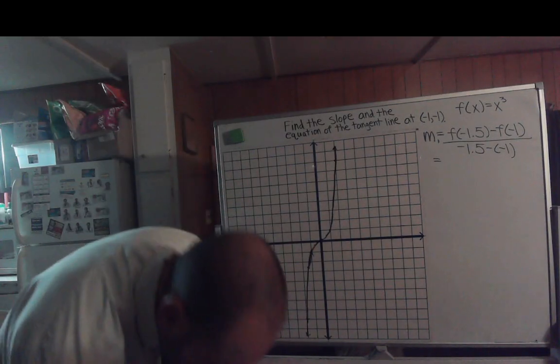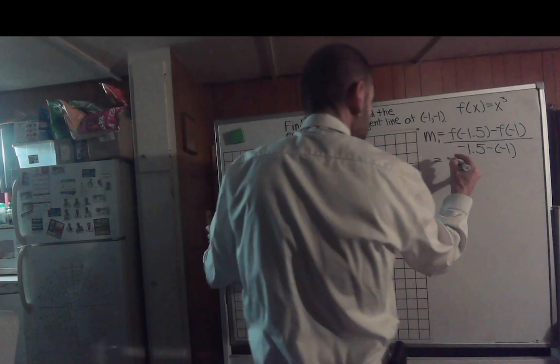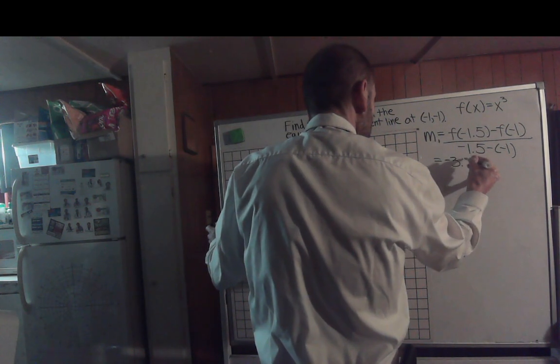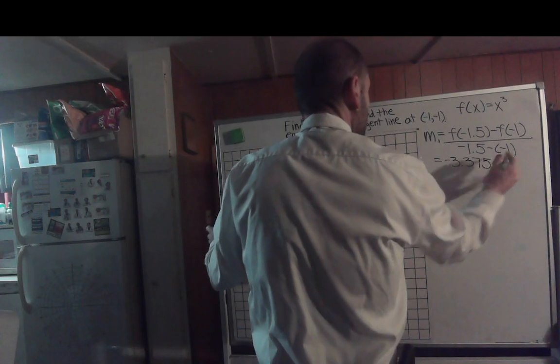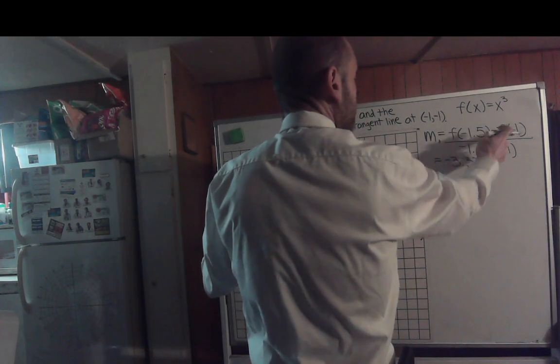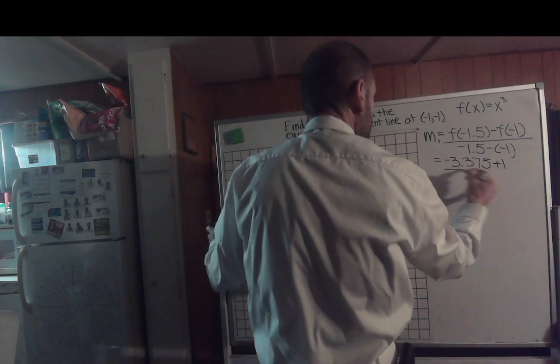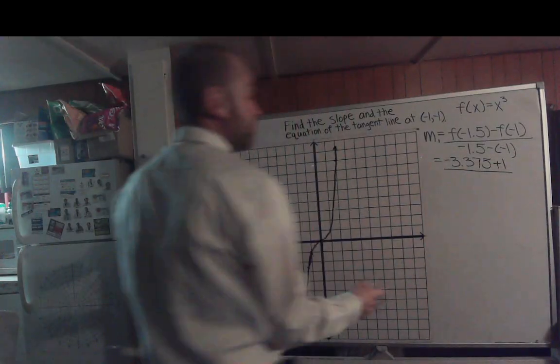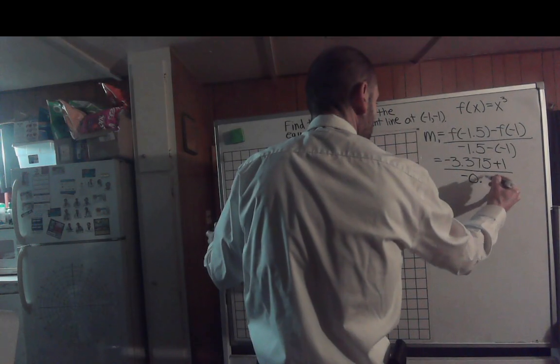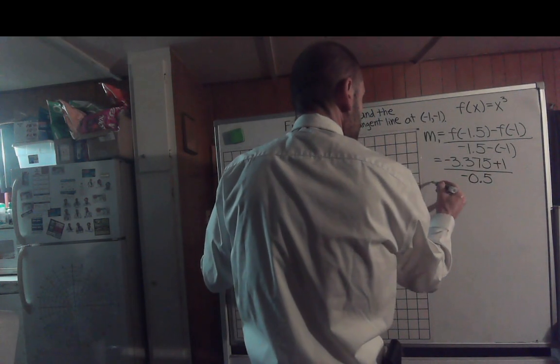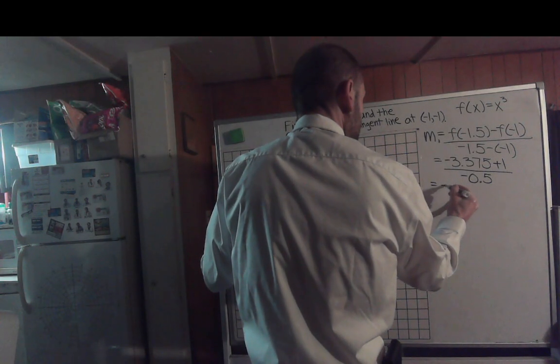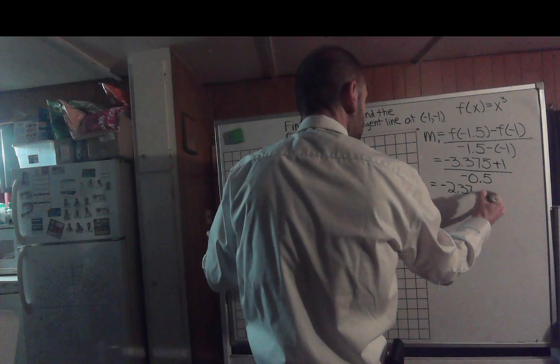I get about -3.375. And then minus f of -1. Well, f of -1 is -1, so this would actually be +1, divided by, now -1.5 minus -1, that's -1.5 plus 1, so that'd be divided by -0.5. So this would end up giving me -2.375 divided by -0.5.